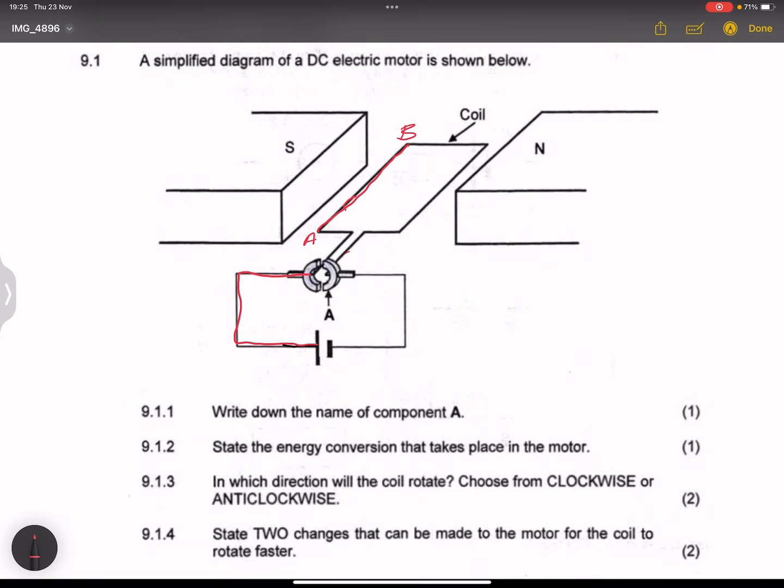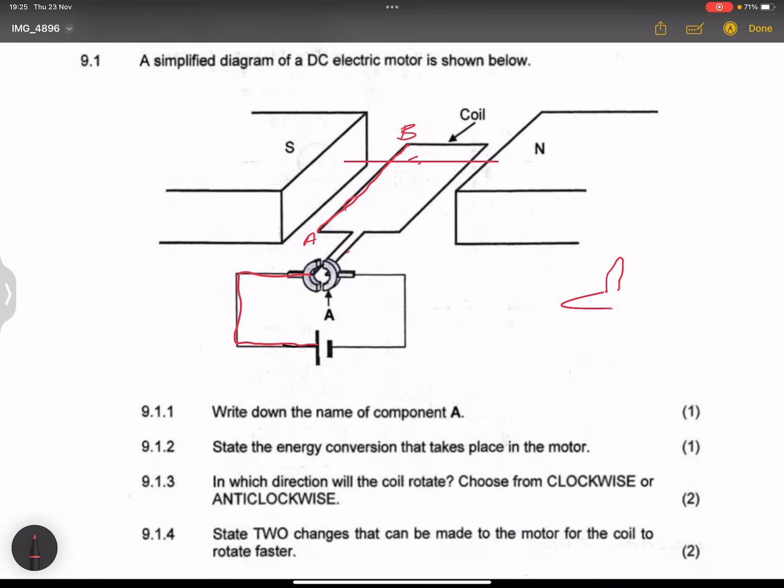Secondly, our magnetic field always moves from north to south. This is represented by your index finger, the one next to the thumb, so that would be pointed that way, and your second finger is pointed in that direction.